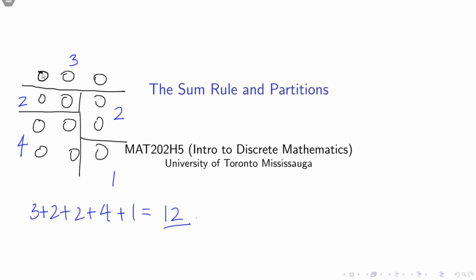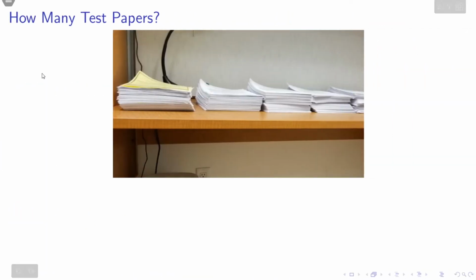Consider this example. So this is a familiar sight to many of your instructors and TAs. A class has just had their final exam, and I would like to count how many students took the exam. Now, there are a number of ways I can do this.